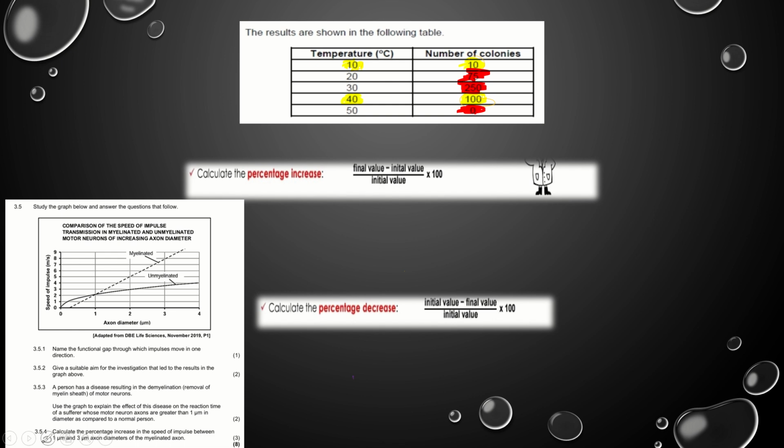So I want us to try something different here. Let's check. They say calculate the percentage decrease from 30 degrees, okay, let's say 30 degrees to 40 degrees, right? We do not have values in the middle, but you just highlight what is given, right?